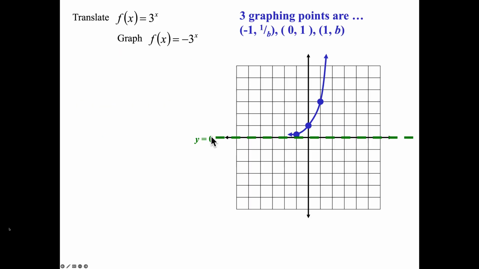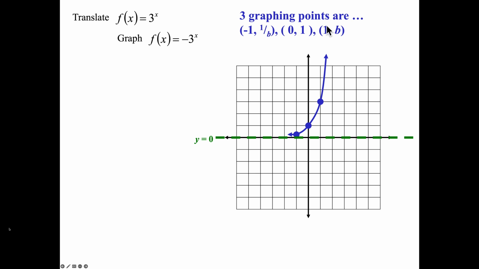All right, so let's look at some graphs. Let's say we're going to translate 3 to the x. So what I want to do is go back to my graph here, when I made my table. Here are going to be 3 good starting points. Common point right in the middle, and -1 comma will always be 1 over the base.